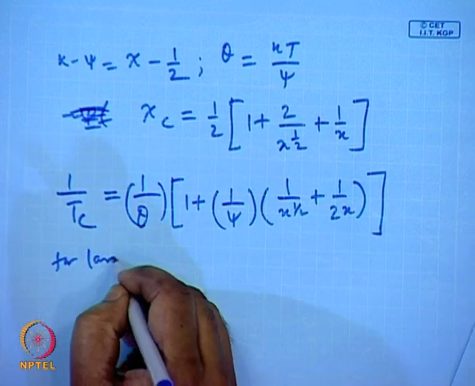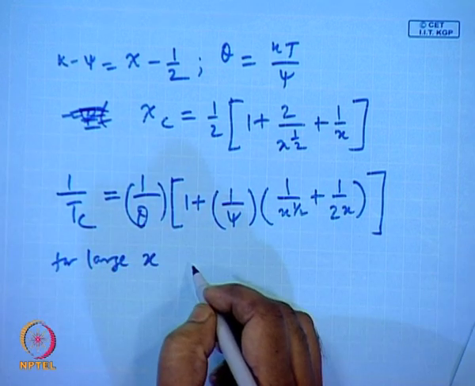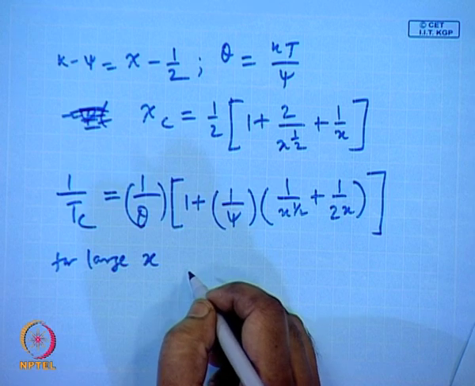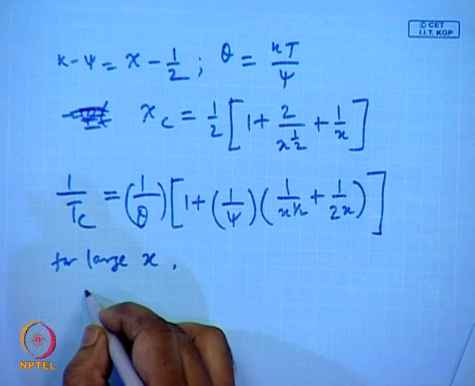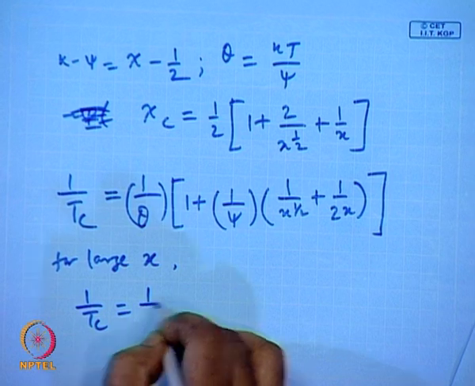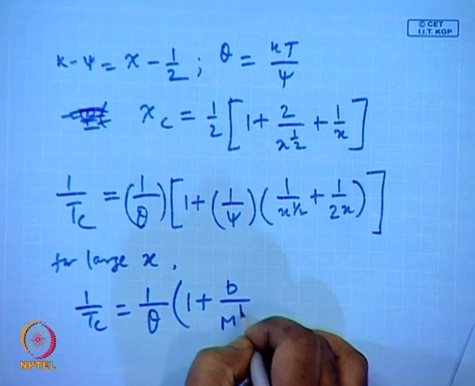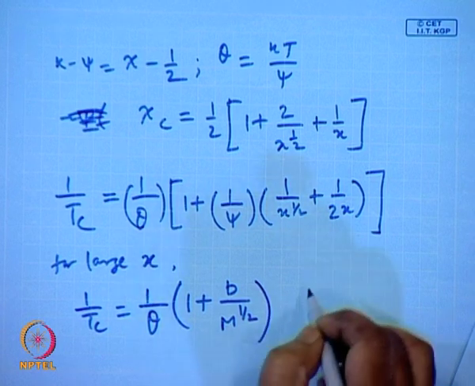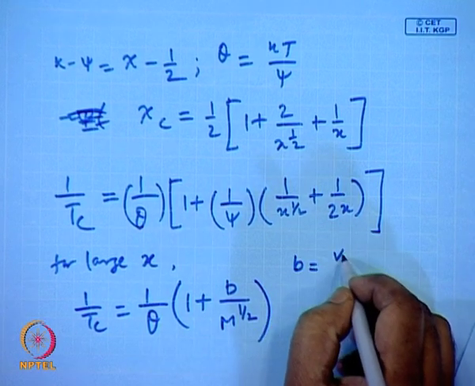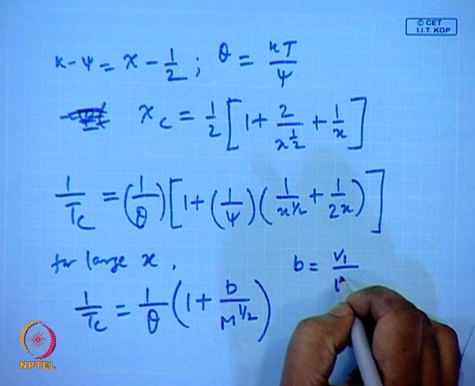For large x, we can write 1 by T c is 1 by theta 1 plus b half, where b is v1 1.